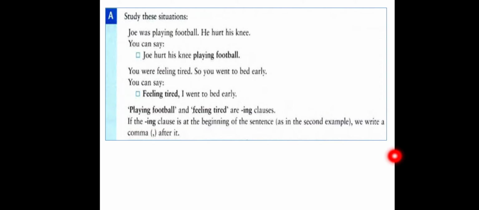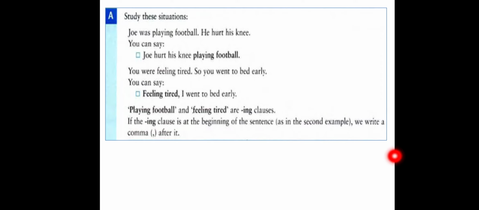You were feeling tired, so you went to bed early. You can say feeling tired, I went to bed early. Or: as I was feeling tired, I went to bed early.